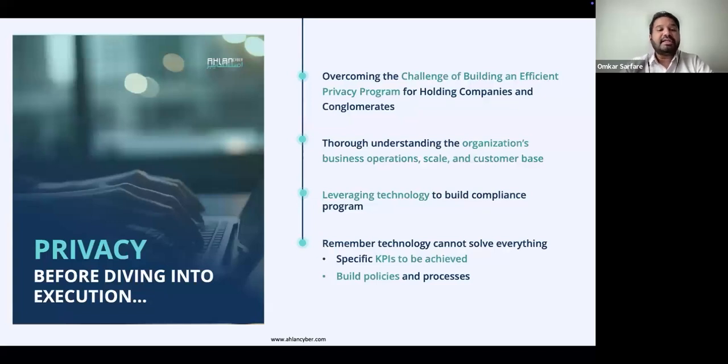Regularly reviewing these metrics is also very important, and also promotes continuous improvement, ensuring that the privacy program remains up to date.